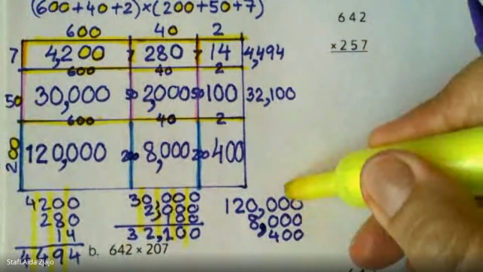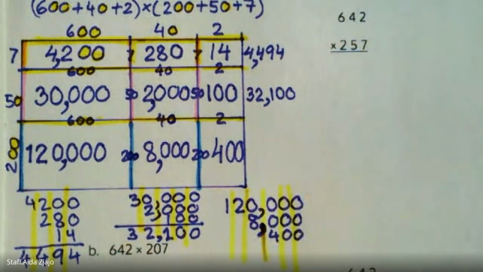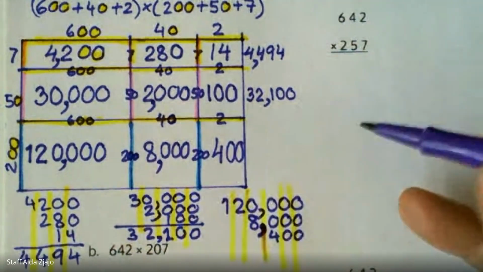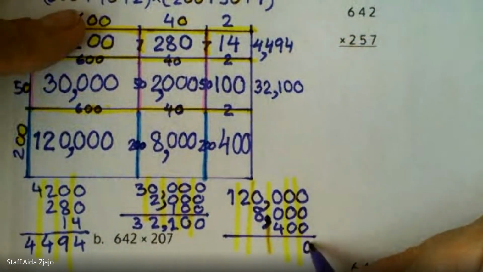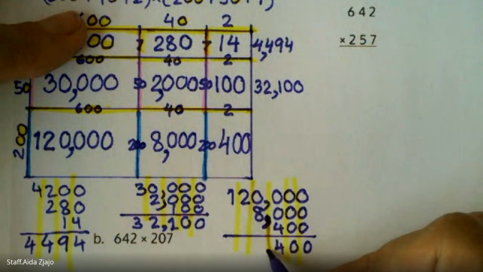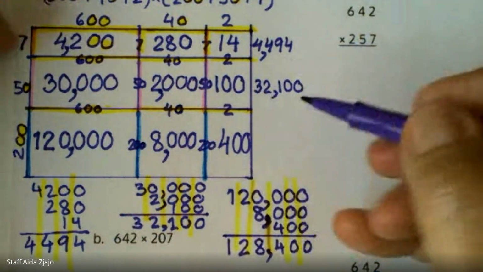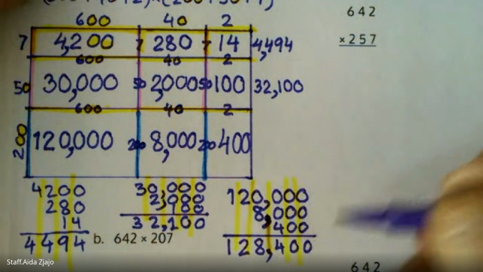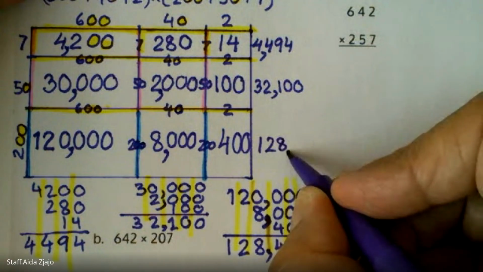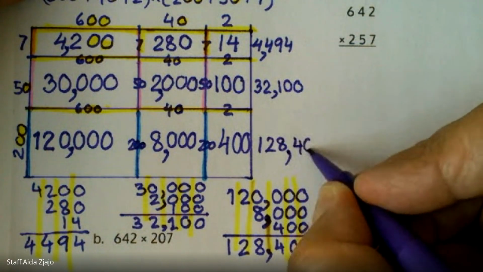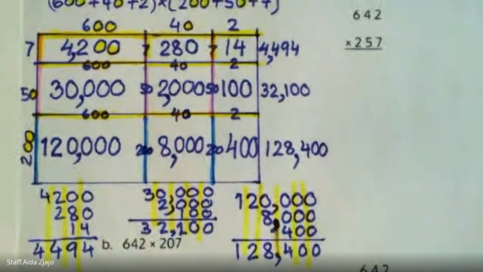Make sure that you write place value and comma in the same spot, and then underline, and you got yourself 004, comma, 821, exactly what I said. 128,400. So now we need to do the standard algorithm.